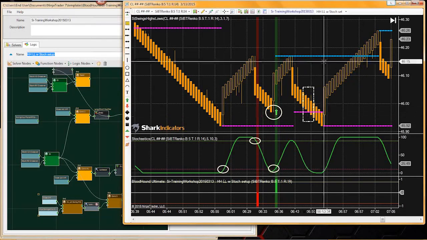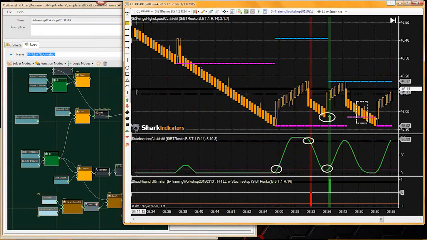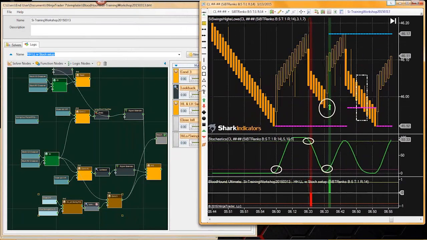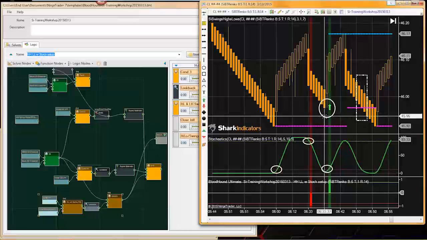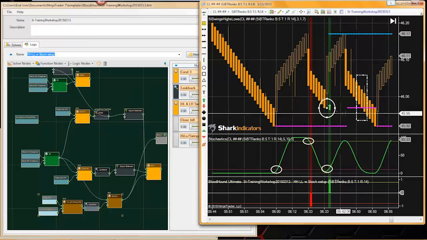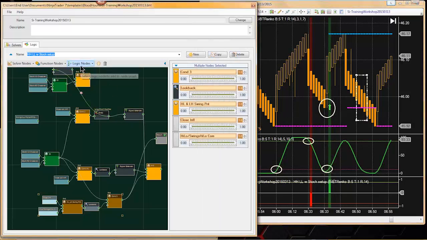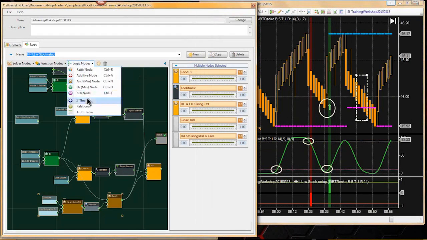All right, so this would be a good area to kind of work in here. Since we're combining essentially 2 separate conditions, we need to combine them into one output, one signal. So I'm going to be using an OR node to do that.